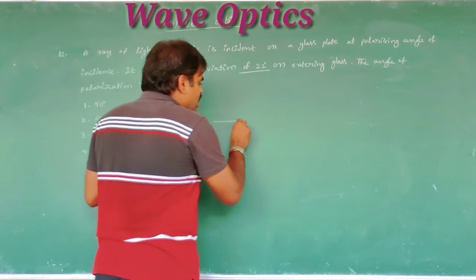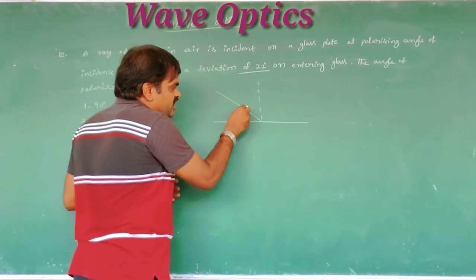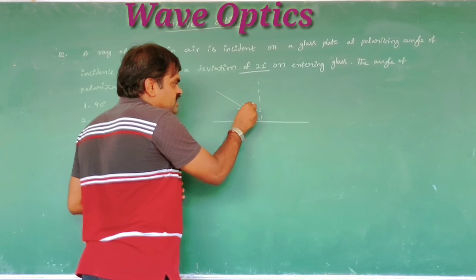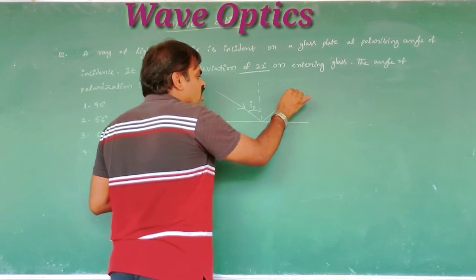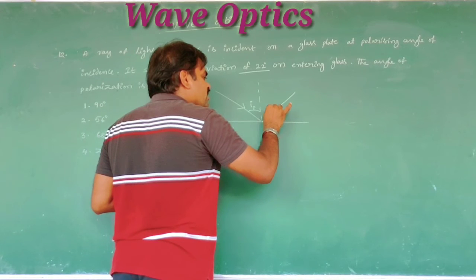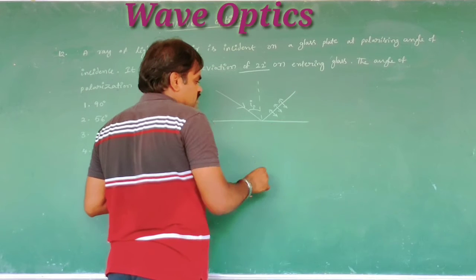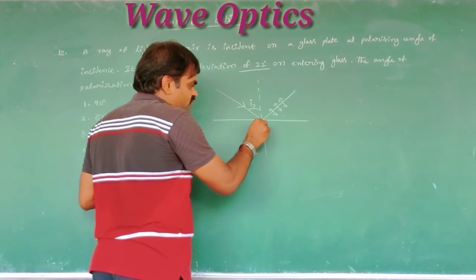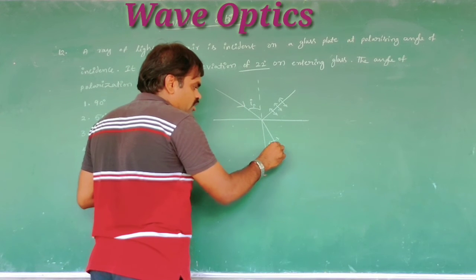Here it is the glass plate. Now the ray is incident on it, with the angle of incidence at the polarizing angle. It's reflected. That reflected ray is plane polarized, and the refracted ray is partially polarized.